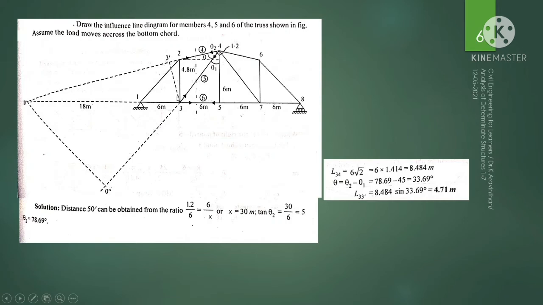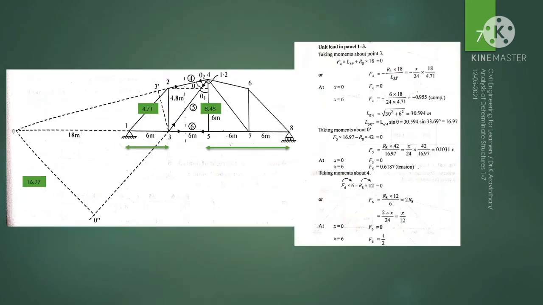So these are all geometrical properties. By knowing these geometrical properties, the solution of this truss will be very much easy. Okay, so let us proceed into the sum. You already know that in order to find R1 and R8, these are the reactions. This is R1 and R8. It is a determinate truss.